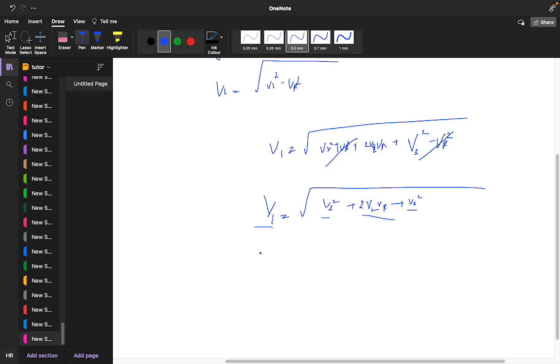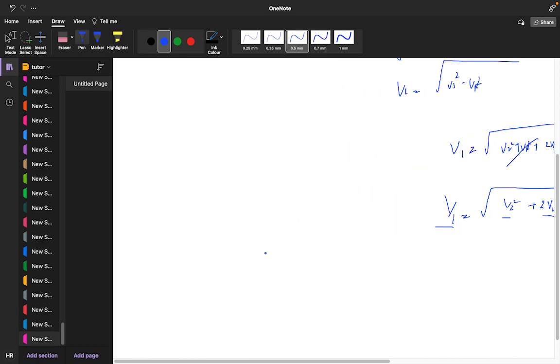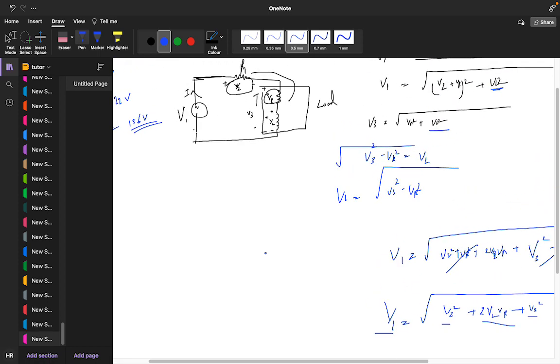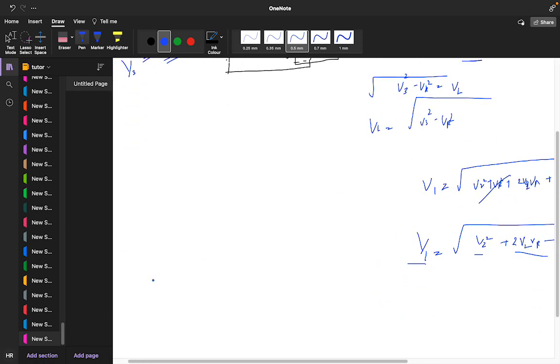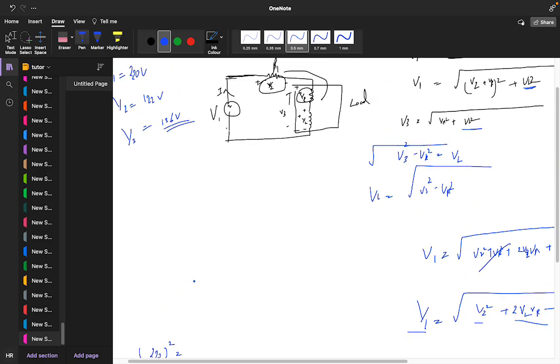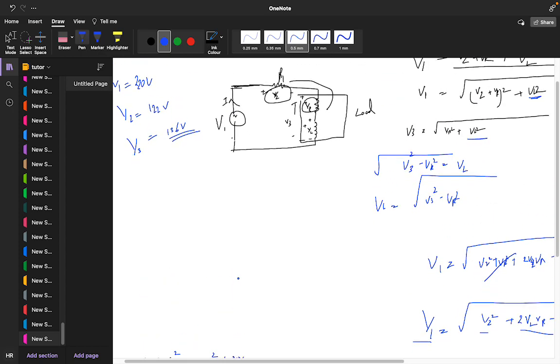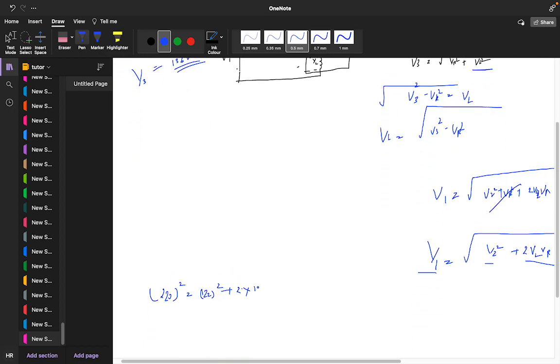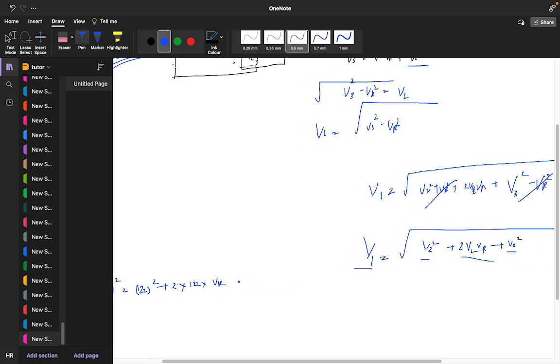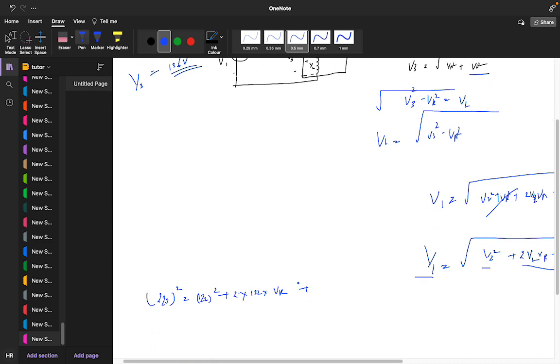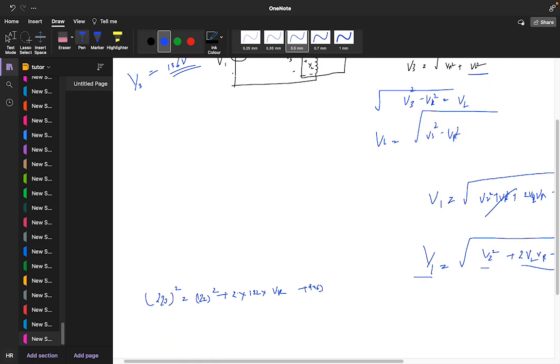What is the value of V1? 220 volt. So substitute 220 whole square equals 122 square plus 2 times V2 times VR plus V3, which is 136 whole square.